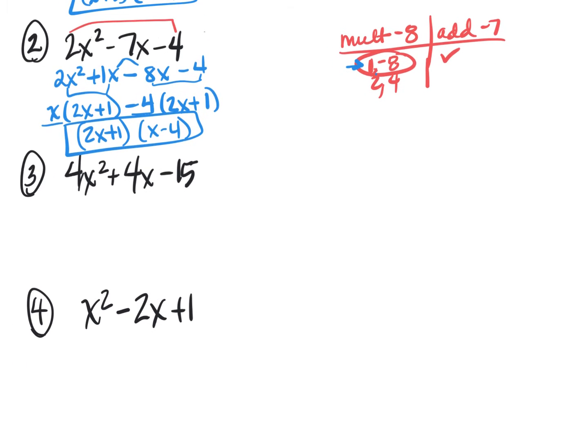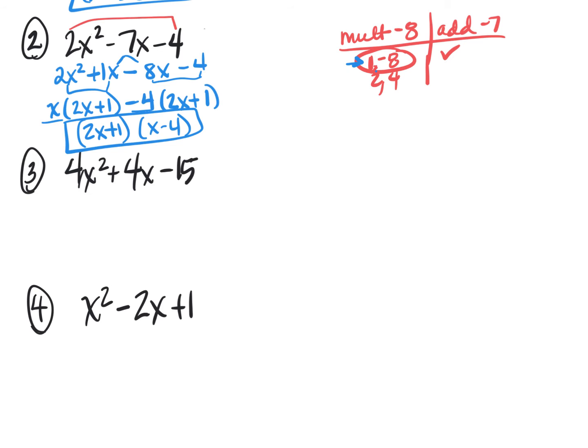Let's try this third one. What two numbers multiply, in this case, 4 times negative 15 is negative 60, and they add to a 4. Okay, so if I get big numbers like this, sometimes it's easy just to divide by 10 and see what happens. Sometimes you have to mess around more than others. But in this case, 10 times 6, that combination could get me to a 4.